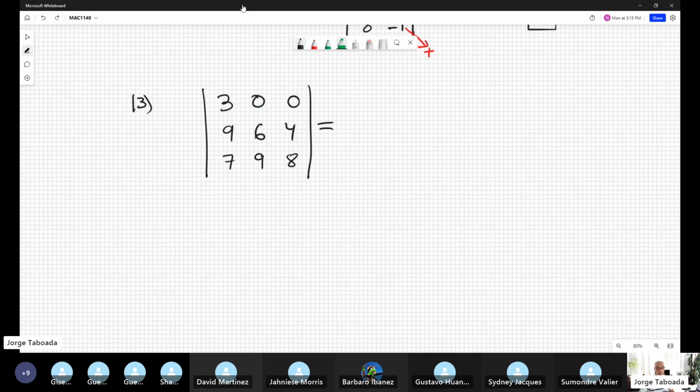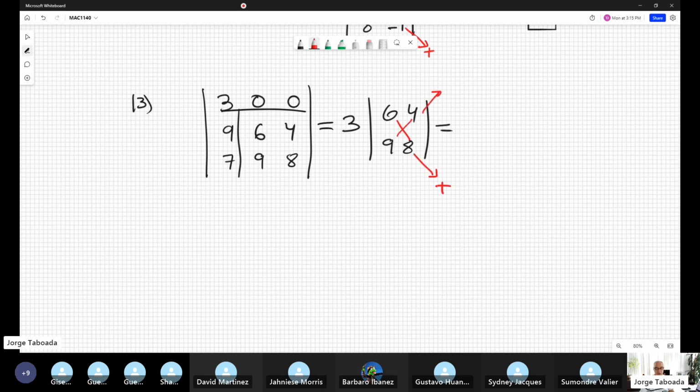Now, the only cofactor is 3. The cofactor gets formed when you mentally delete this row and this column. It leaves 6, 4, 9, 8. Now multiplication: this and this with the same sign, no change of sign; this and this, yes, change the sign.